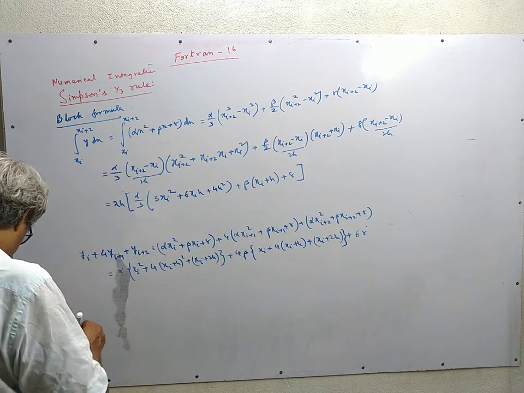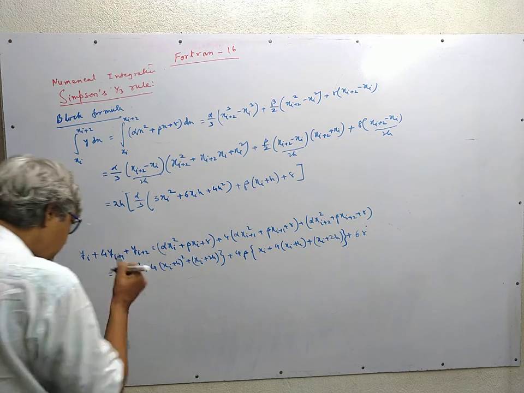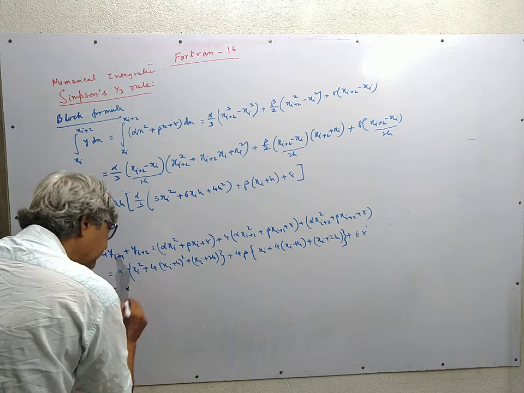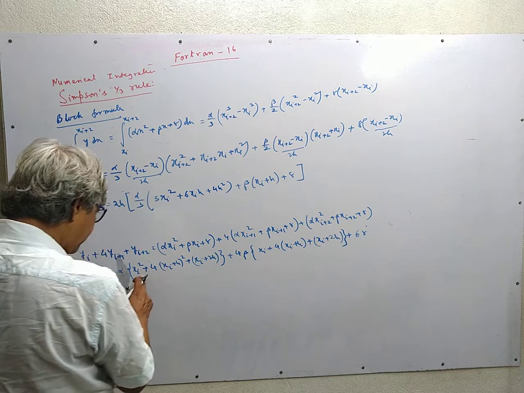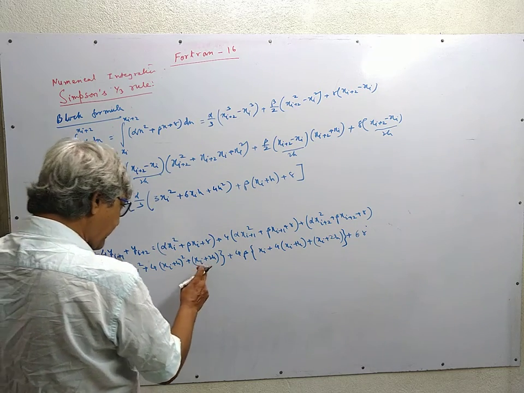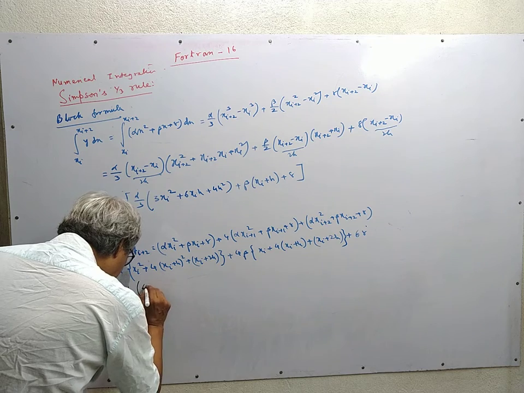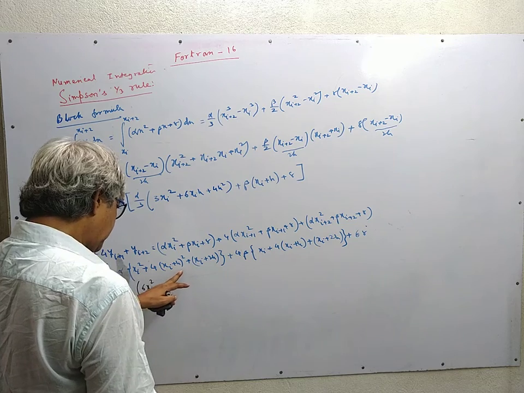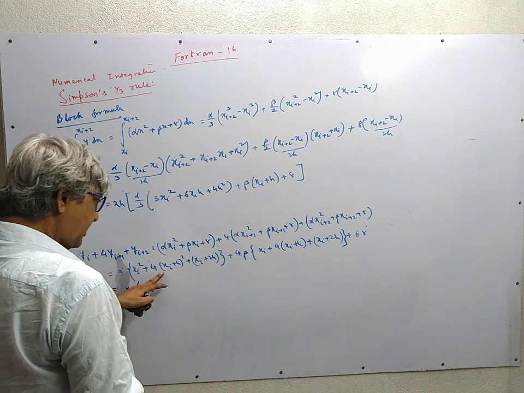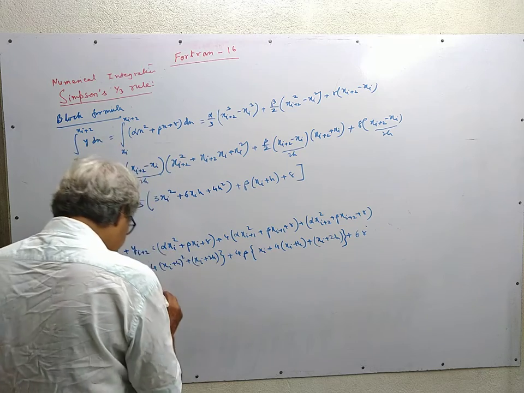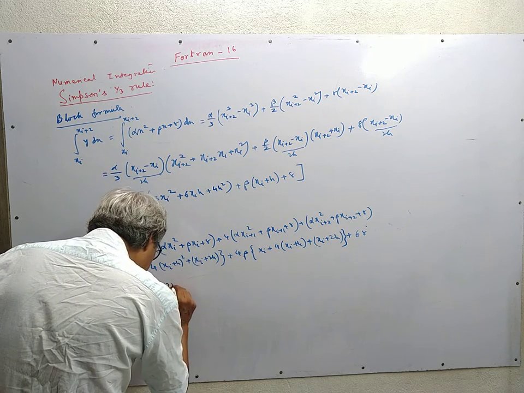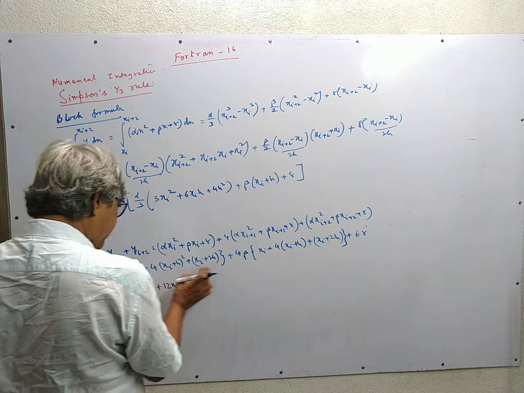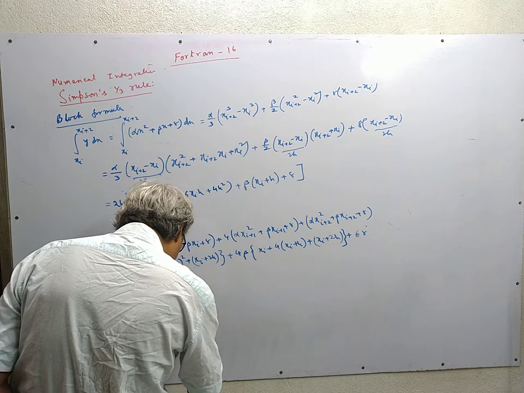Now let me write this one. Alpha, then xi square plus 6 xi square. Then you will have 8 xih, and here we will have 4 xih, so 12 xih. And coming to h square, this is 4h square, then again 4h square, so 8h square.